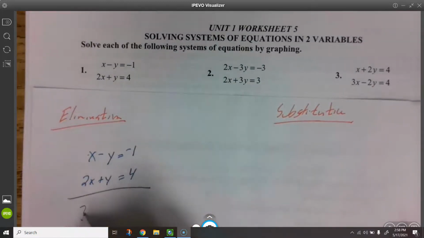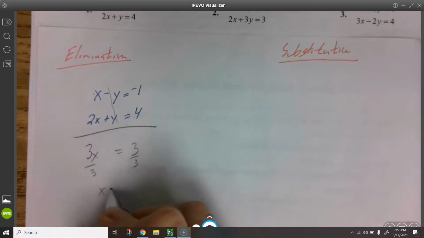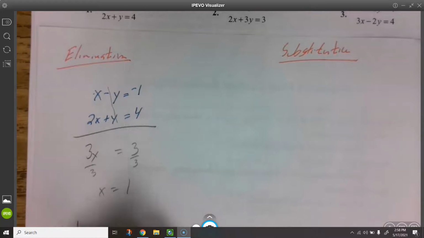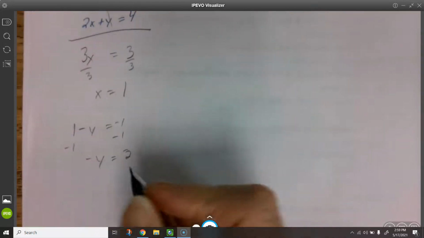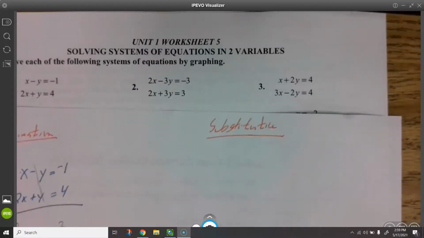This gives me 3x. My y's eliminate and I get 3. Do you remember this? Then you divide by 3 and we get x is equal to 1. Once I have x, I plug it in and I find y. Okay, so my ordered pair, where they intersect, would be 1, 2. So that's elimination. I'll try to find a harder elimination one in just a second.